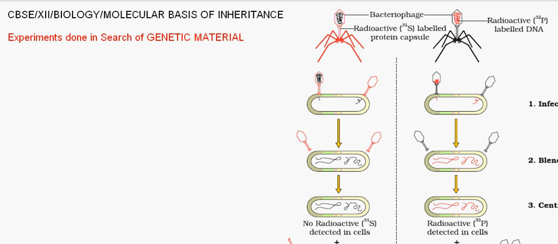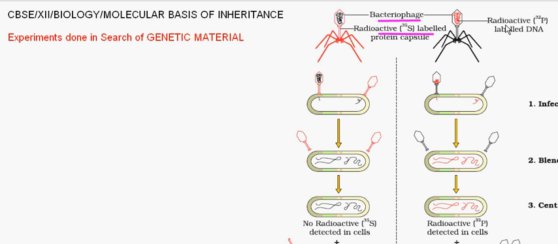So Hershey and Chase first grew some viruses in presence of radioactive sulfur, and other viruses in radioactive phosphorus. Sulfur is present in protein and phosphorus is present in DNA.